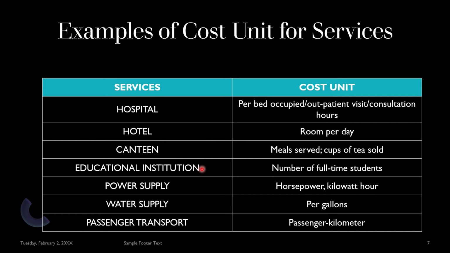The cost unit for educational institution is number of full-time students. The cost unit of power supply is horsepower or kilowatt hour. The cost unit for water supply is per gallon. And the cost unit for passenger transport is passenger per kilometer.